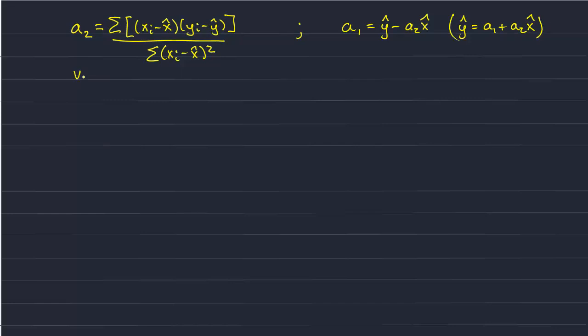Okay, we're now ready to finally derive the variance for a2, now that I've given you some background of where the solutions for these parameters come from. So the variance of a2 comes from knowing that a2 is a sum of functions of xi and yi.